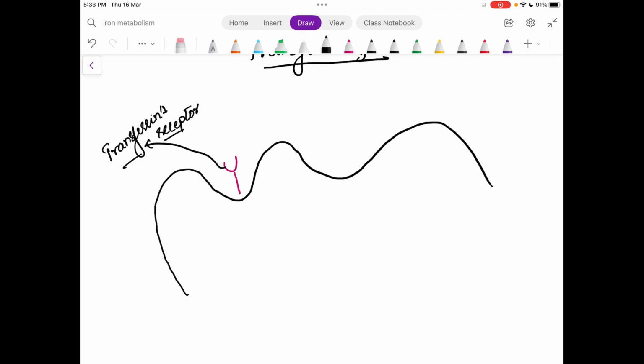Okay, these transferrin receptors will take up transferrin. This transferrin will contain iron in the form of Fe3+.